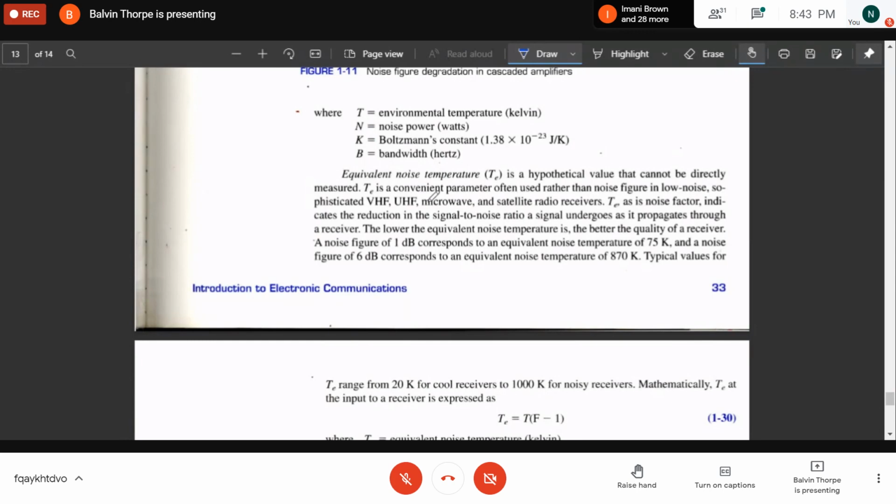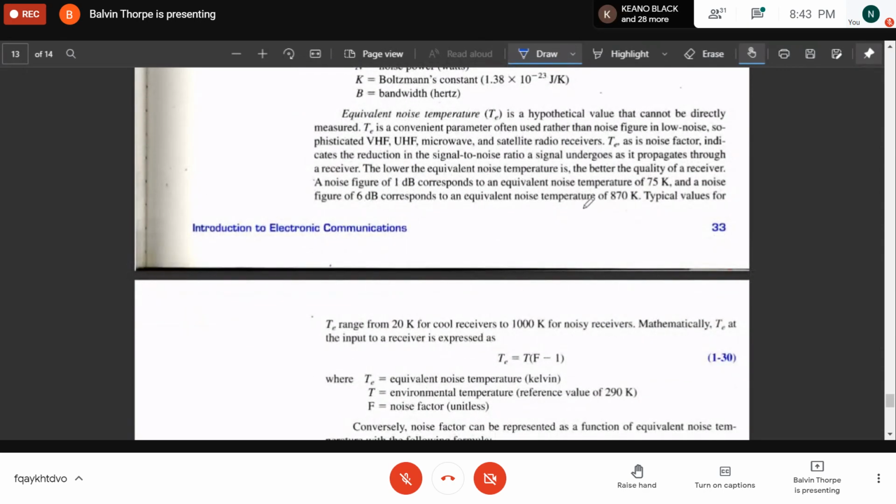So you cannot measure what the equivalent noise temperature is. This is a convenient parameter often used rather than a noise figure in low noise systems, such as UHF and VHF systems. The thermal low noise but high frequency.